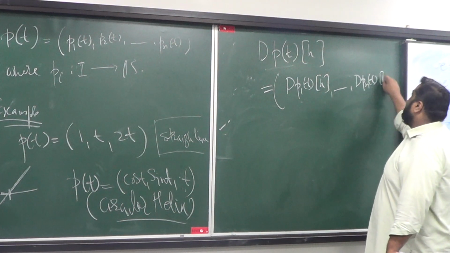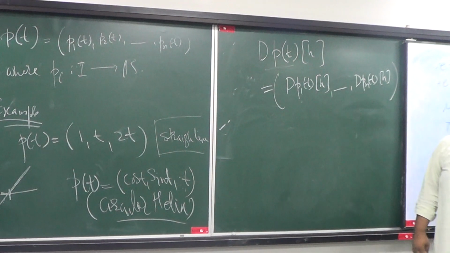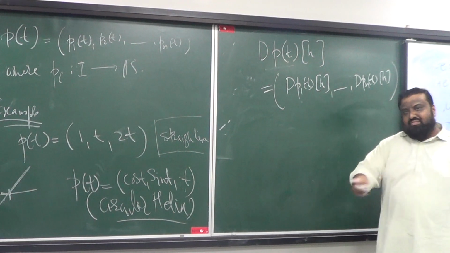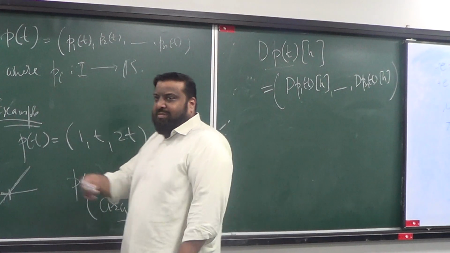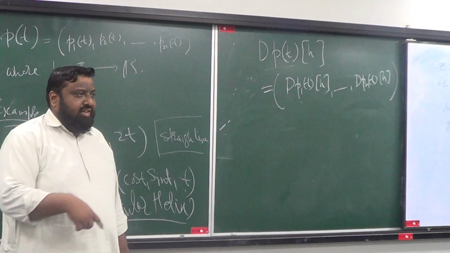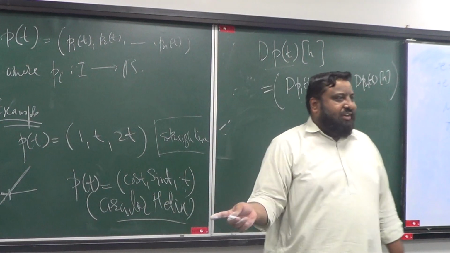Now each component is a one-dimensional object, so it's a map from R to R. So for maps from R to R, what is the Frechet derivative? It's the ordinary derivative.